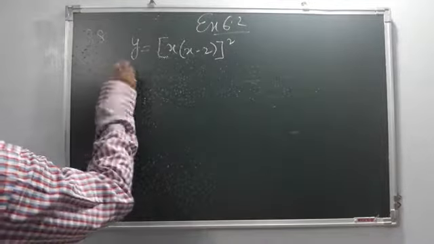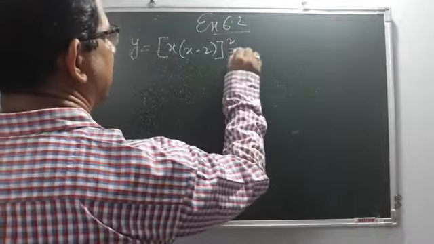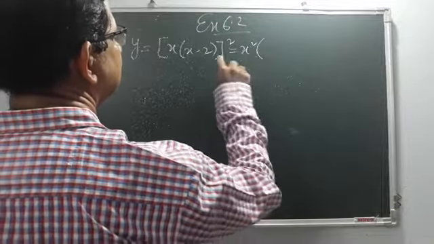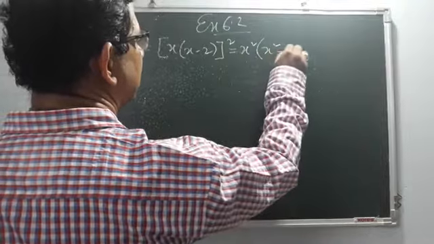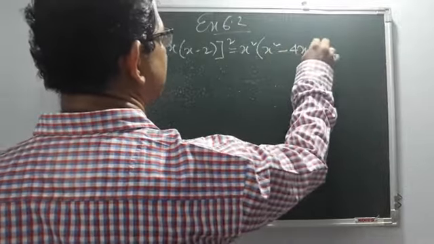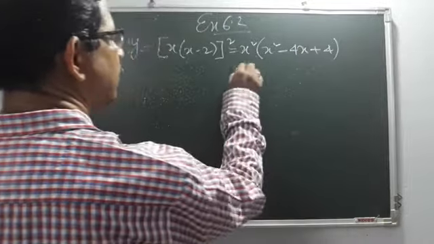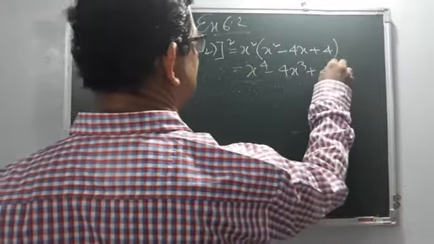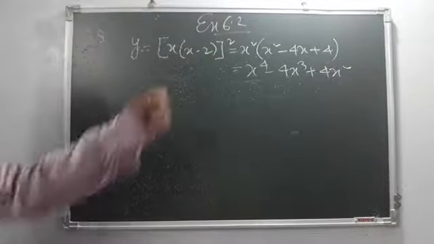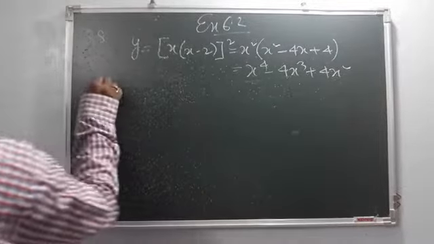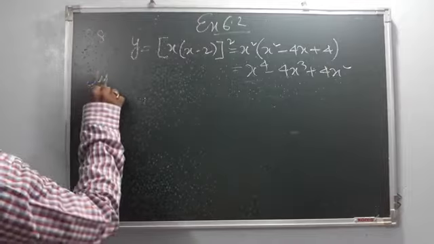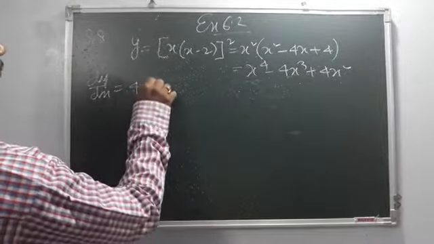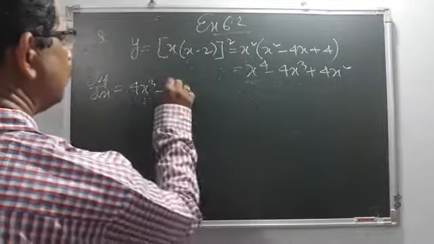Now dy/dx, if we want to expand this, it will be better: x squared, and if we expand (x minus 2) squared, it is x squared minus 4x plus 4, and again expanding, y is x to the power 4 minus 4x cubed plus 4x squared. Now dy/dx: if we differentiate, it is 4x cubed, this one will be 12x squared.